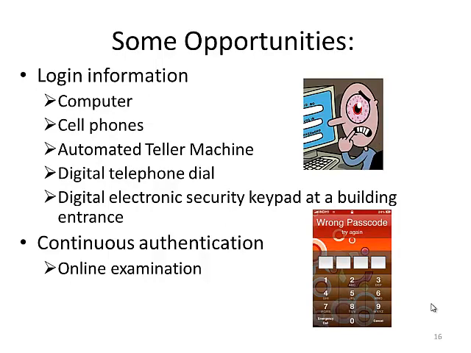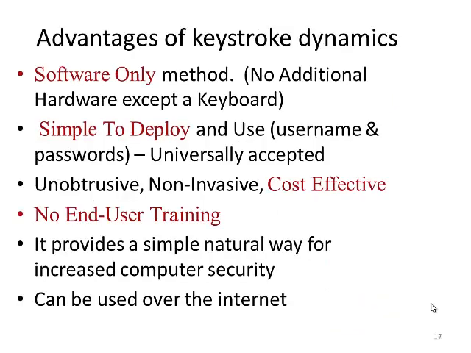These are the areas where we can use keystroke. Keystroke has many advantages over normal methods. It's software only, you don't need external hardware. It's very simple to deploy. It's easy to integrate when an open source keystroke model is built.